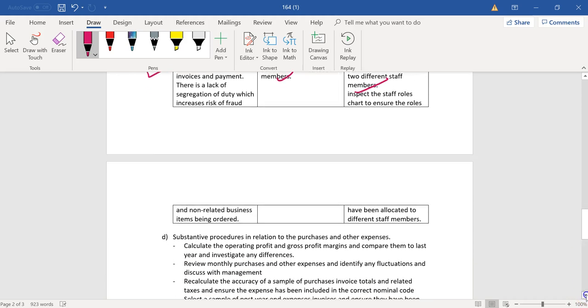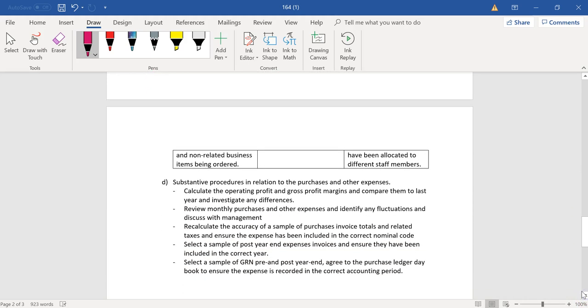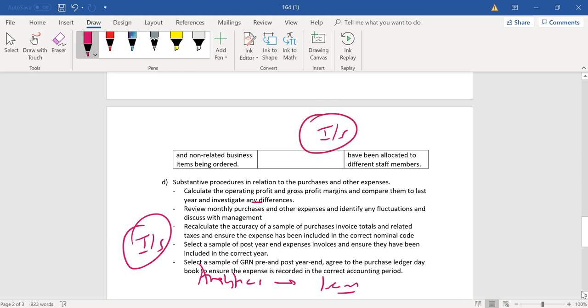Substantive procedures, like I said here, I didn't say it in my first video, but every time you're doing the income statement, you're always carrying out analytics, looking for trends, to see what's happened last year. That just gives you a guide, a suspicion as to something. Because ultimately, here's the issue.